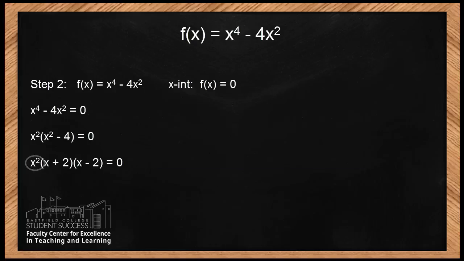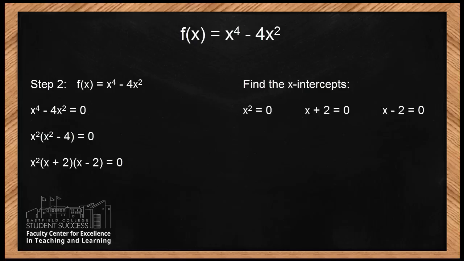Okay. Once our function is fully factored, and once we created an equation, remember we set our function equal to 0, let's take each and every one of these factors and set them equal to 0 to find our x-intercepts. When we take x squared equal to 0, remember this can be written as x times x. You will realize that x equals 0.